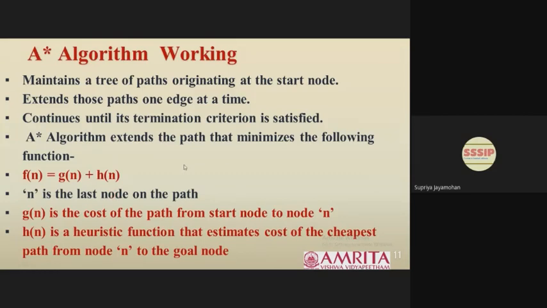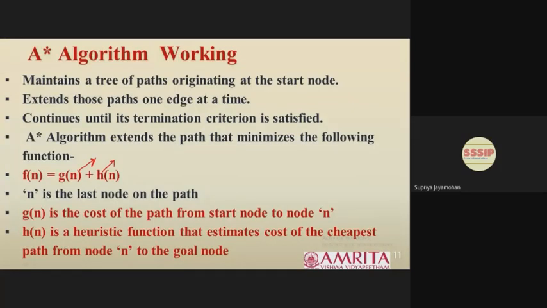So if you see this, you would see that g of n is going to represent, I would call it the distance path. And h of n is a heuristic function, as the term says, and it would represent how significant the node is, or you could change the value of h of n depending upon your need, right?